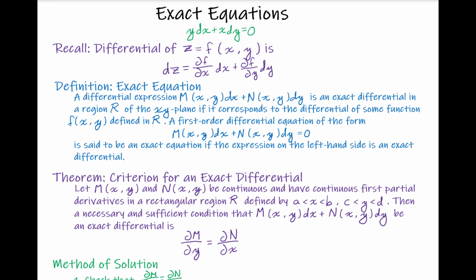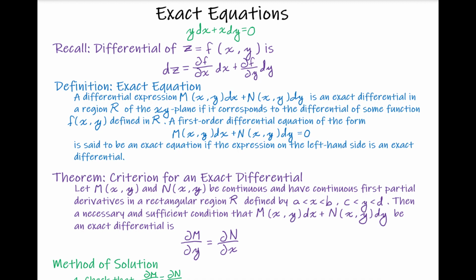So now we need to be able to identify an exact differential. We're going to let M of x, y and N of x, y be continuous and have continuous first partial derivatives in a rectangular region R defined by a less than x less than b, c less than y less than d.